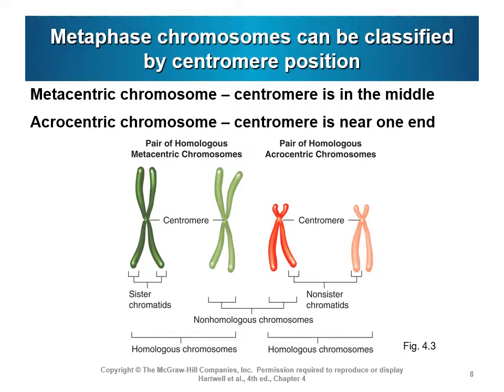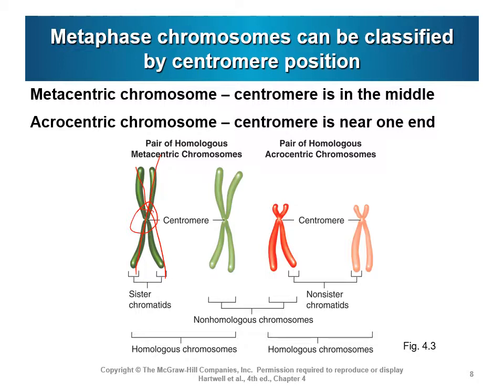Chromosomes can be metacentric or acrocentric. Metacentric are those chromosomes that have the centromere, where two sister chromatids meet, in their geometric center.